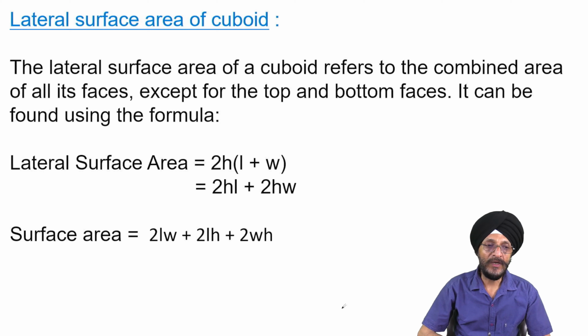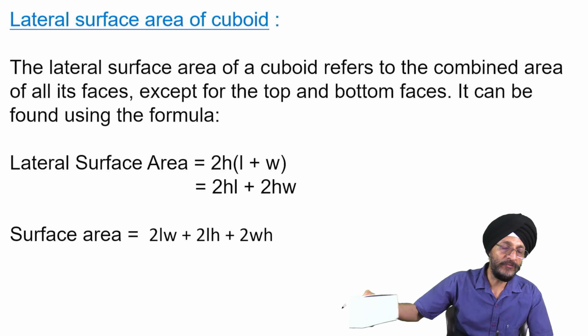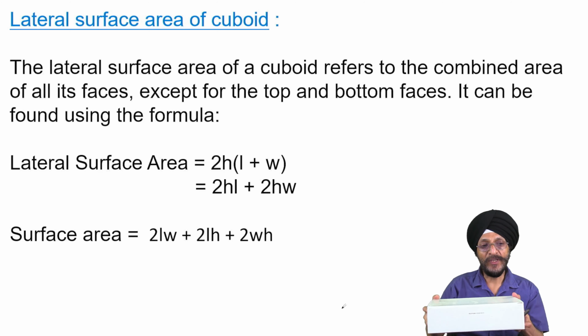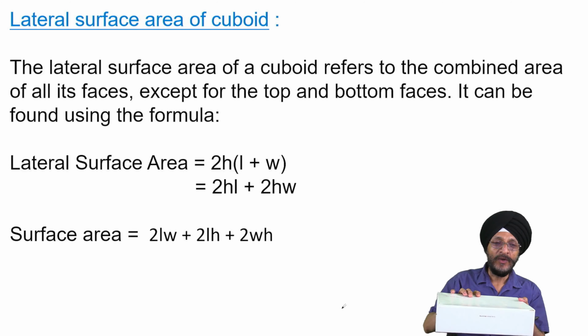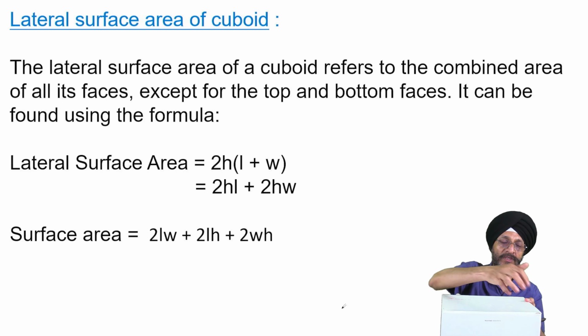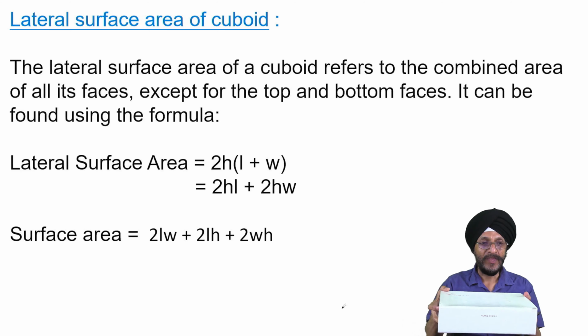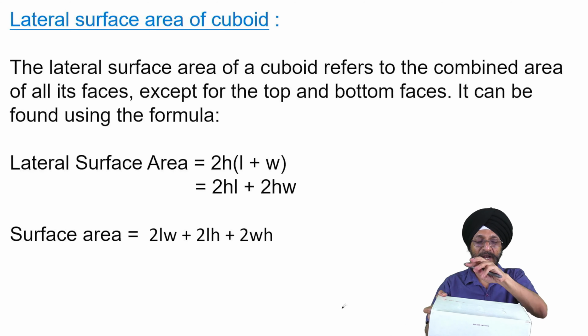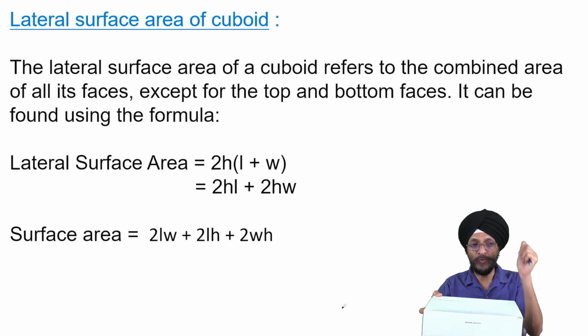Now we are to learn about lateral surface area of cuboid. In our previous lecture, we had learnt about the surface area of cuboid. For the purpose of repetition, we will again say that when we calculate the surface area of cuboid, we take all the 6 faces, we add the areas of the 6 faces, and it comes as the surface area of cuboid.